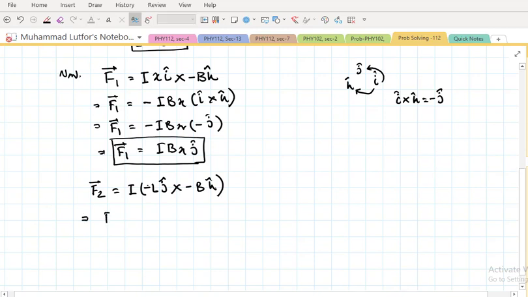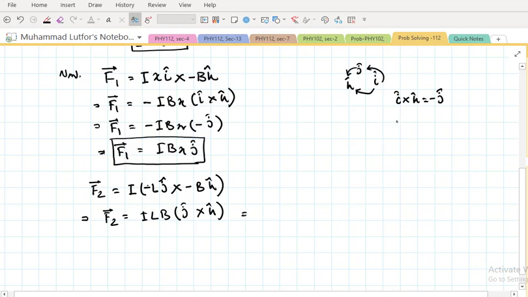What would be that case? So F2 is going to be, in that case, this minus is going to plus I into L into B, is going to be that J cross K. If I do that, what is J cross K? J cross K for this one, right?